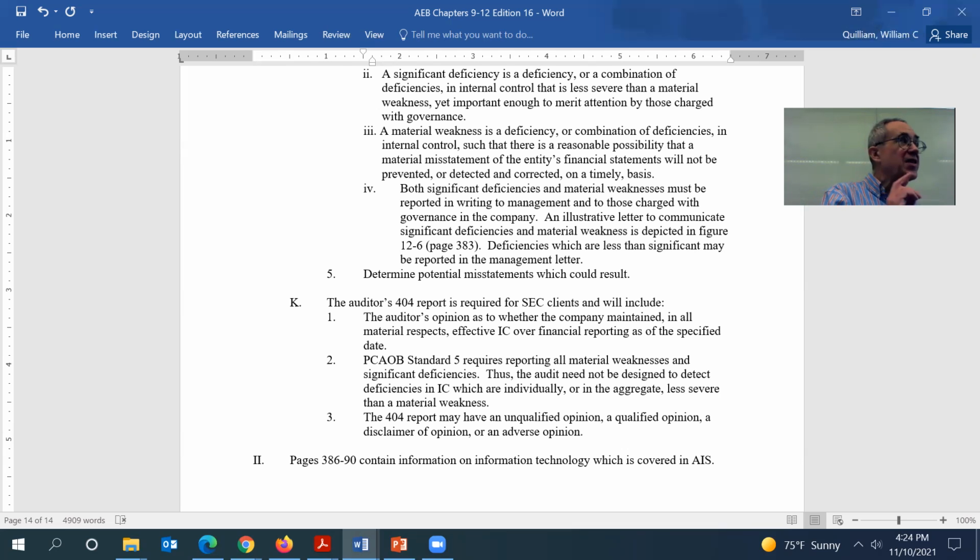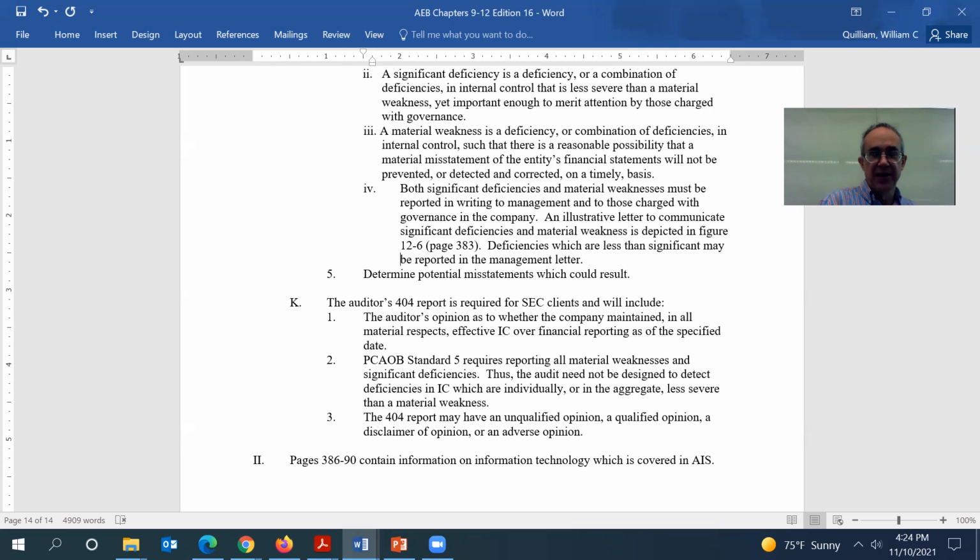All right, so these two worst things, significant deficiencies and material weaknesses, again, must be reported in writing to management and those charged with governance in the company. And we have an illustrative letter to communicate significant deficiencies and material weaknesses in figure 12.6 on page 383.